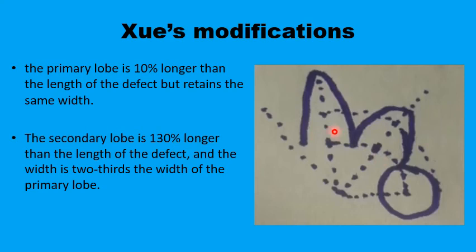Now, the further modification was to elongate the primary flap about 10 to 20% more than the size of the original defect to avoid creating any shortening or retraction due to the pivotal rotation.